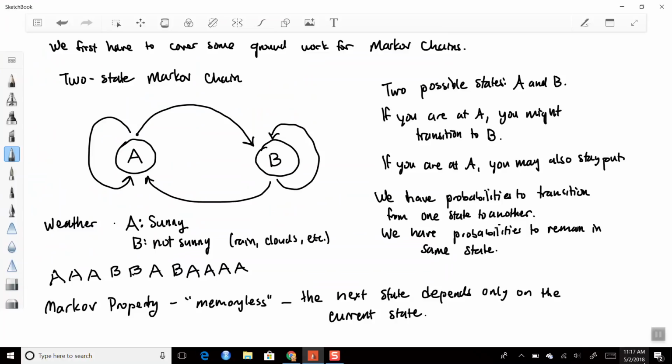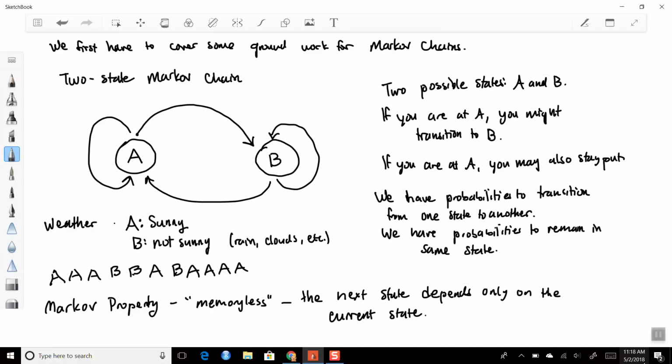So if you're thinking of a board game like Monopoly, and you're rolling dice to see where you're going to end up next, the probability of where you will end up next depends only on your current position on the board. Where you were in the previous turns has no bearing on where you're going to end up next.